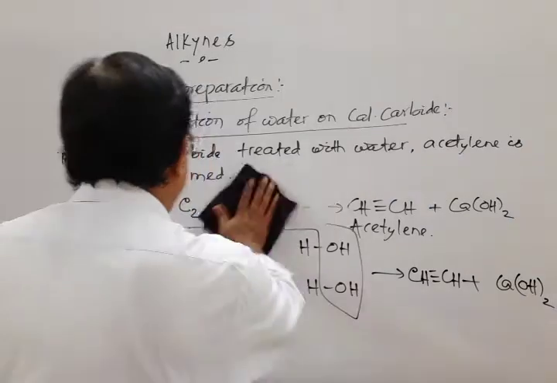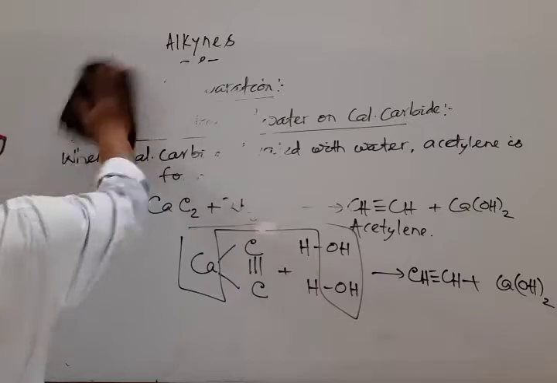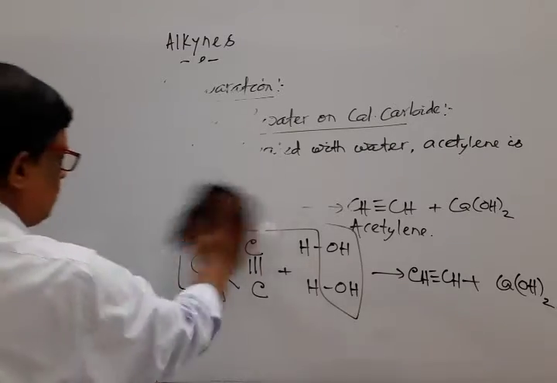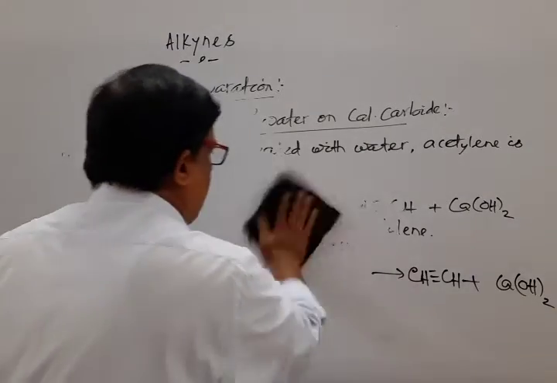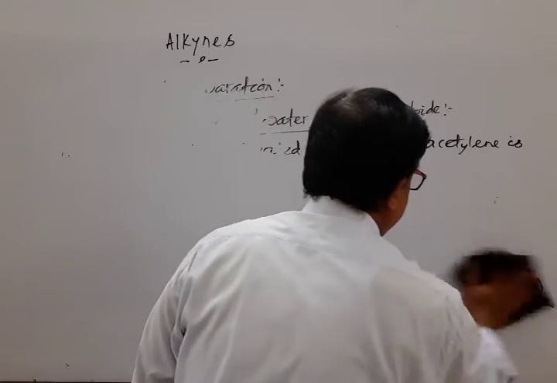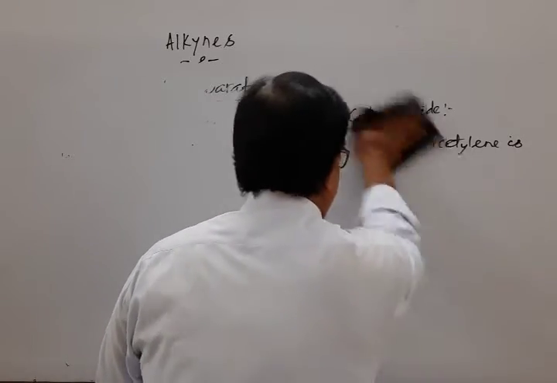Okay. If necessary, for the production of higher members, another method is also there, that is by the action of alkyl halide. Next we go to the second method, that is by the action of alkyl halide on sodium acetylide.